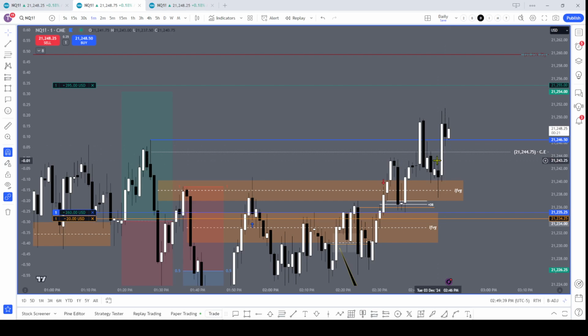Created a bullish fair value gap here, overlapping with the midpoint of this wick.